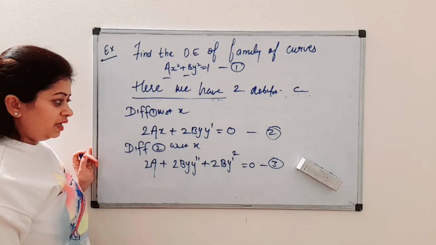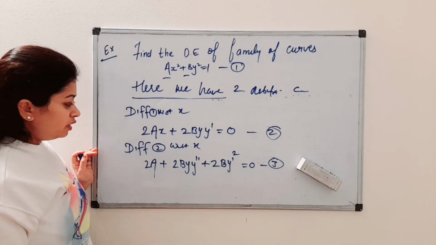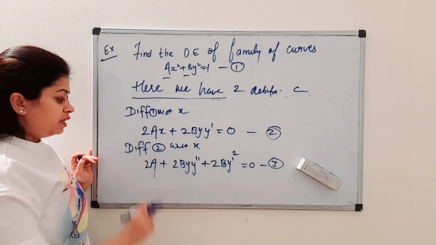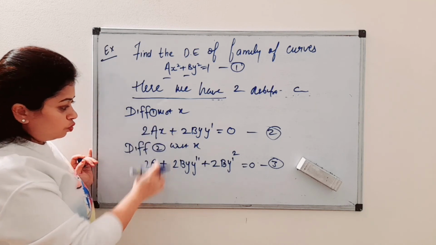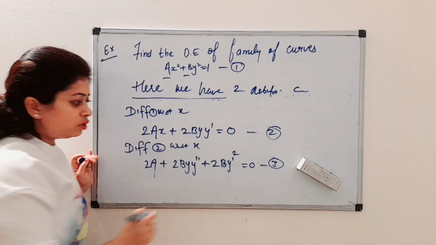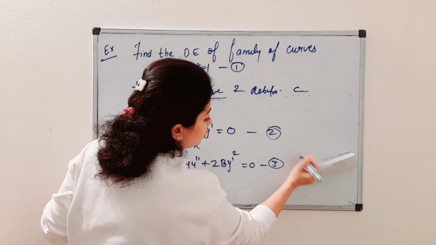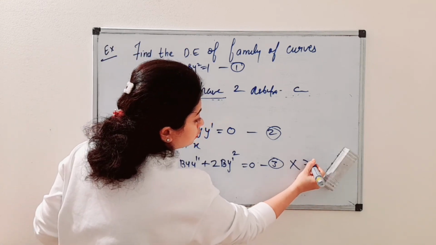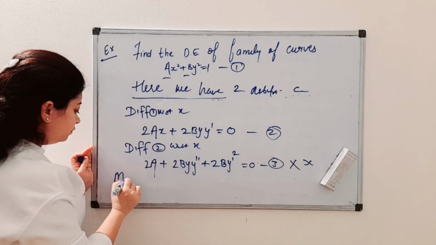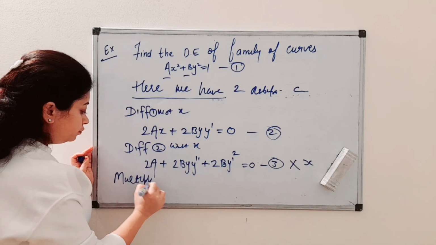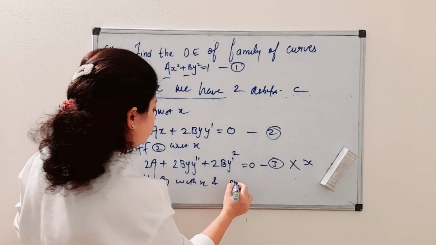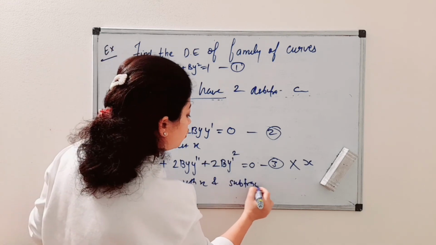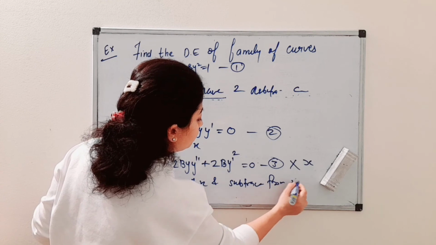Now we can see how we can eliminate. If we multiply equation 3 with x and subtract from 2, then these two can be cancelled out. So multiply 3 with x and subtract from 2. Let's see what happens.